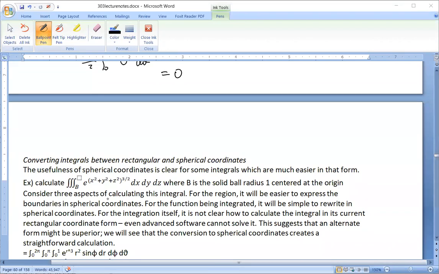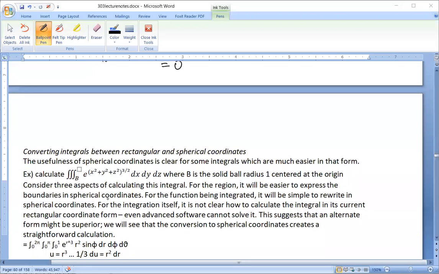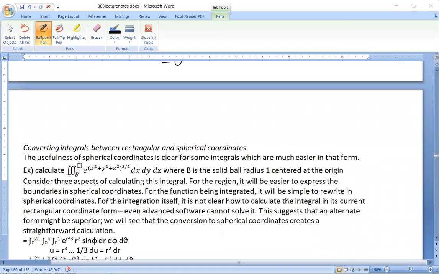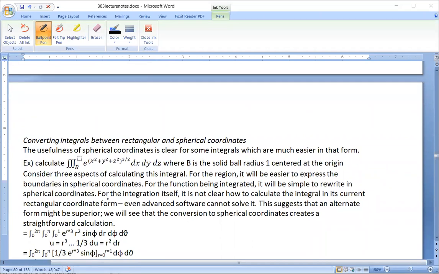So first, integrating dr. How do we do it? We do a substitution. u is going to be r cubed, and then du will be 3r squared dr. So we just swing the 1/3 around, and now we can reset it up. The integral of e to the u is just e to the u.